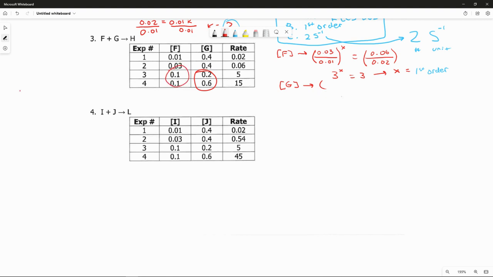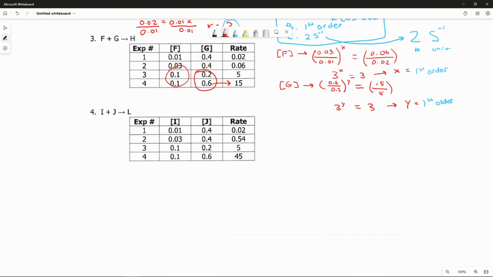So if we were to get the bigger value on top, 0.06 over 0.02, to the y equals the corresponding values, 15 on top, and 5 on the bottom. All right, when we solve this, we get 3 to the y equals 3. Therefore, we know that y equals 1, so first order.